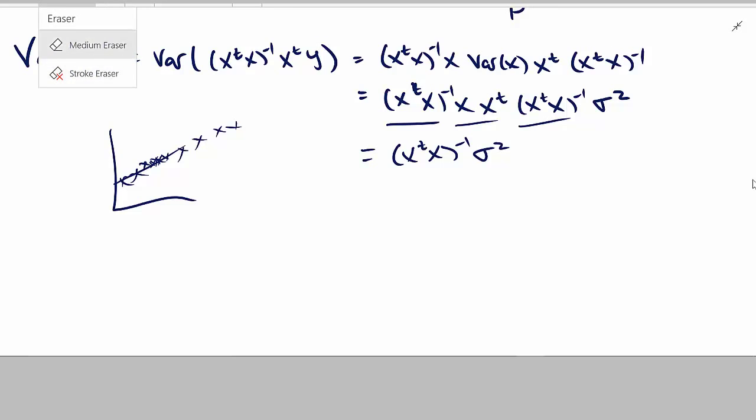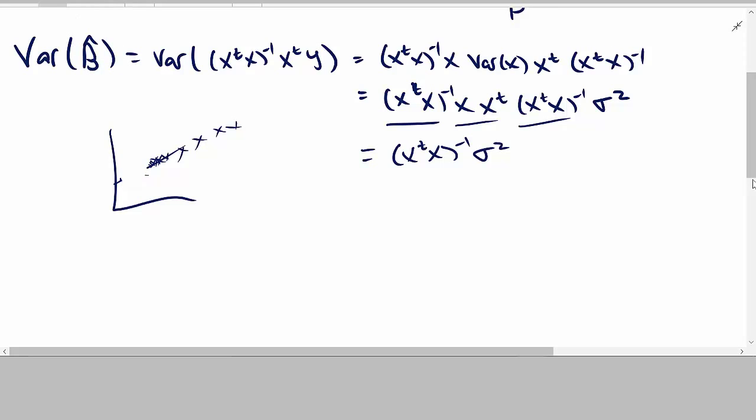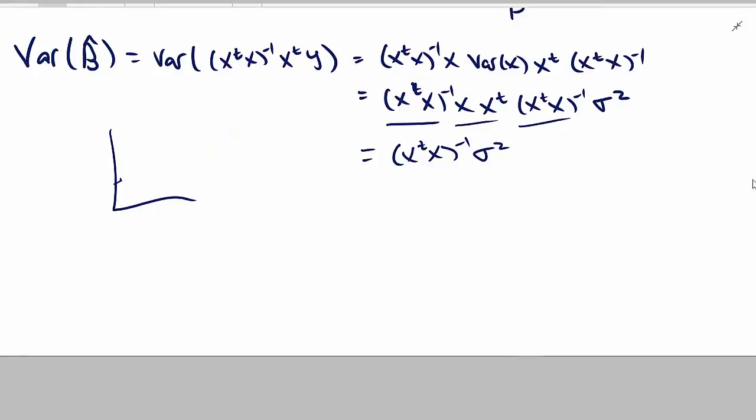So it's interesting that we don't want variability in our y's. We want sigma squared to be small, but we want the variability in our x's to be large. In fact, in linear regression, the most variable you can make things is if you get half of your x observations at the lowest possible value and half at the highest possible value. That'll give you the maximum variance for the denominator.